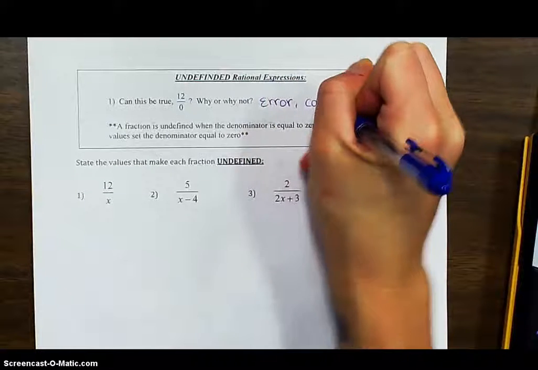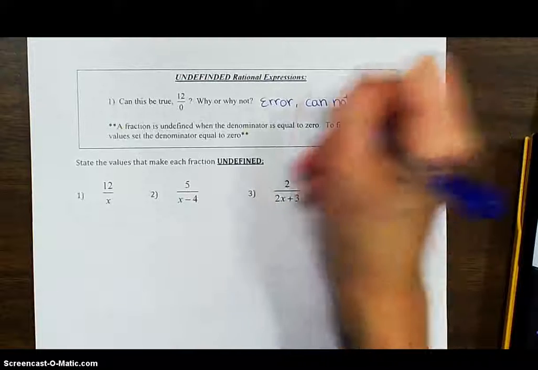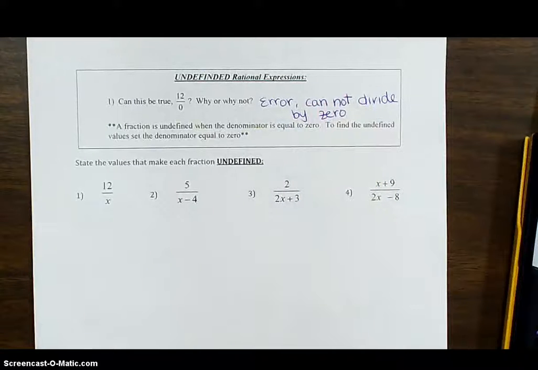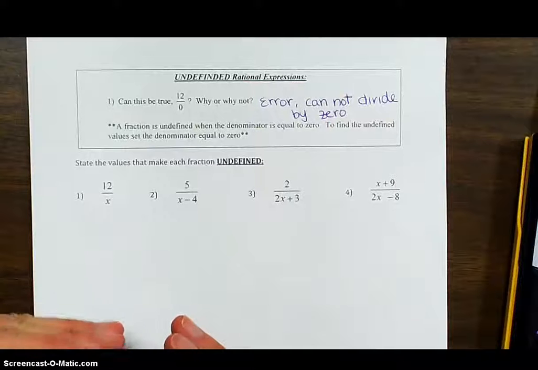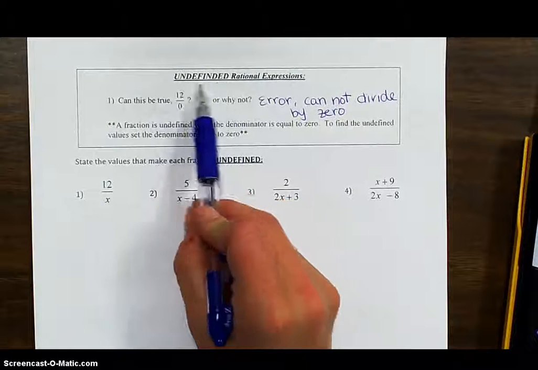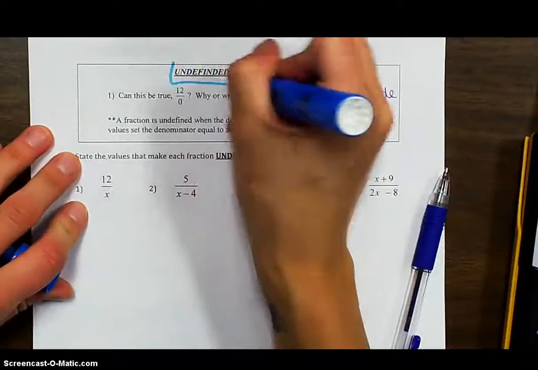You cannot divide by 0. So can we ever have a 0 in the bottom of a fraction? No. So a fraction is called undefined, and this is your vocabulary word for today, undefined.